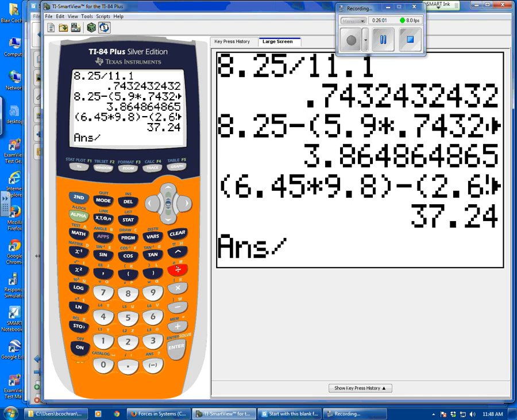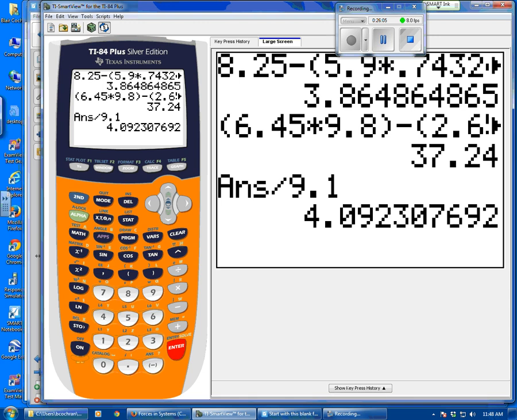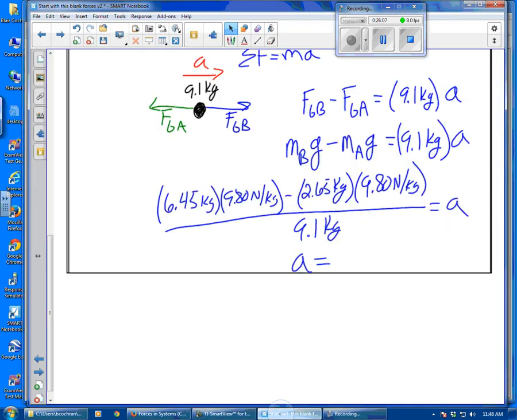All that divided by 9.1. 4.09. So I get 4.09 meters per second squared.